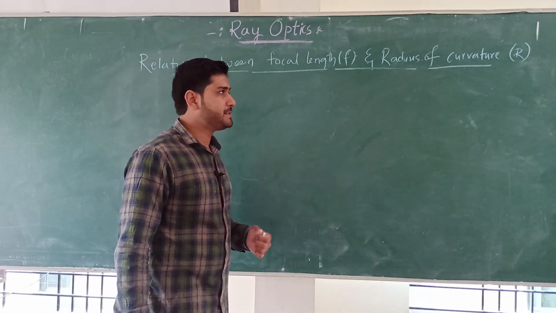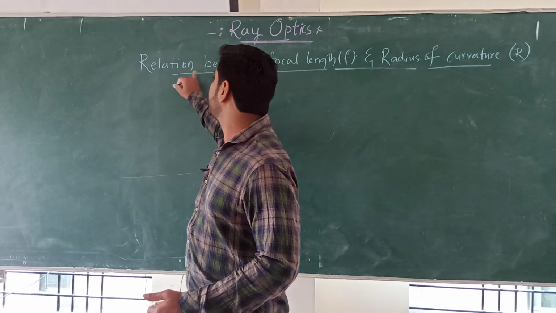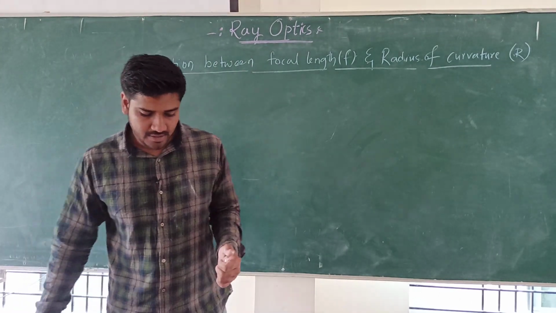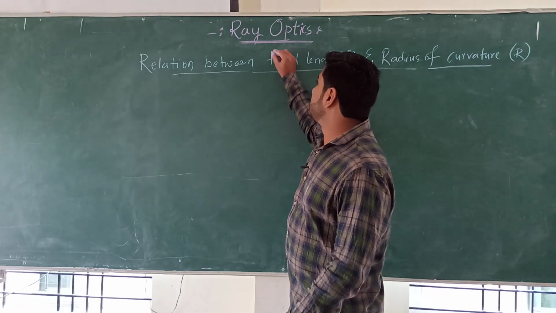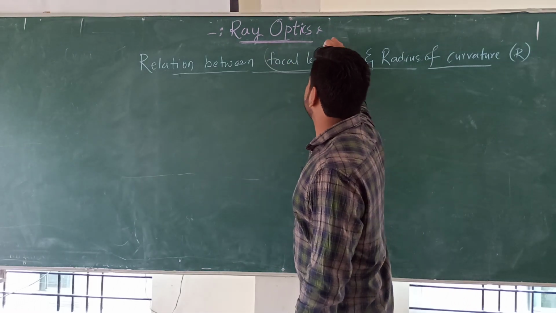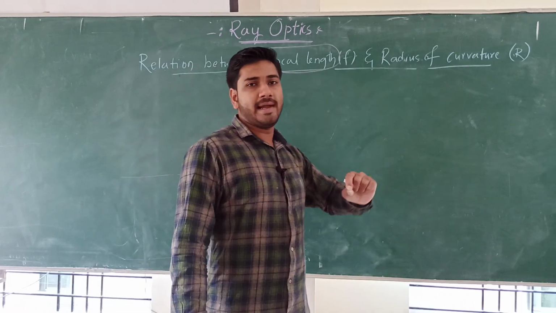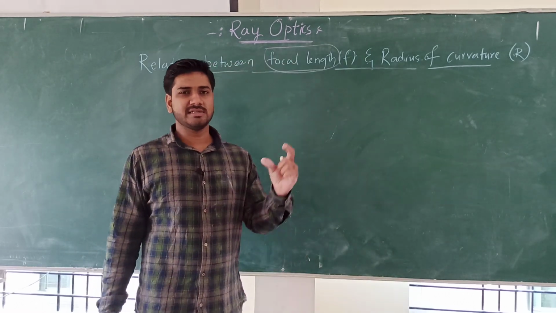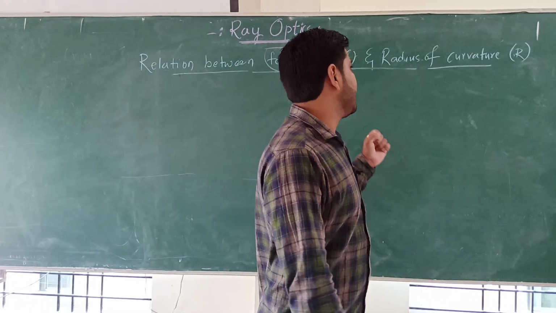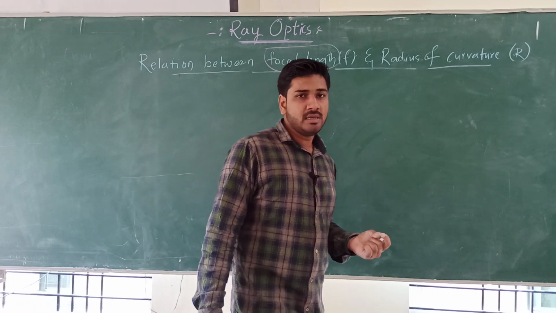So today we are going to derive this equation, that is the relation between focal length and the radius of curvature. In the last class I said the focal length is nothing but the distance between the pole and the focus of the mirror, and the radius of curvature is nothing but the distance between the pole and the center of curvature.